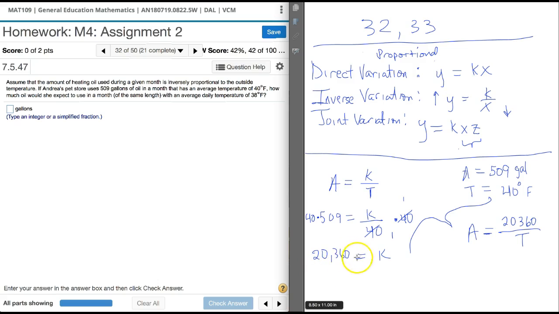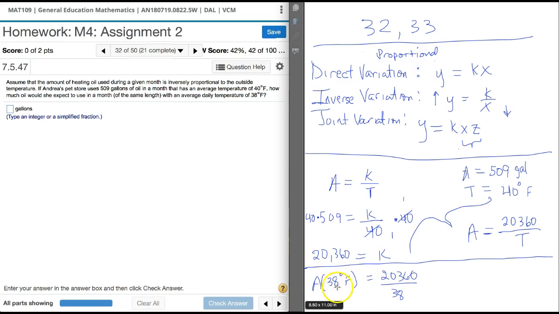And so now what we're being asked is how much oil would she expect to use in a month if the average daily temperature was 38? So here to answer the question, we want to know what's the amount given that the temperature is going to be 38 degrees Fahrenheit. And of course, we know our equation is 20,360 divided by T. And of course, T in this case is going to be 38.